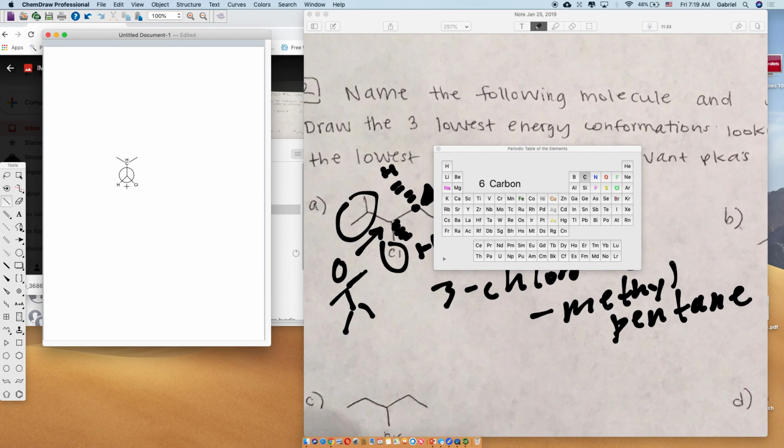So we could draw it like this, but if we rotate it around about 60 degrees or so, we could get it to point down. So really it doesn't matter so much when you're first projecting it out. So we could draw this down and then pull this up. So that way the chlorine's facing down, and then the hydrogen, we know it has to come up. And then the isobutyl group, or that group on the end, has to come out like this. So both of them are equivalent, not in terms of energy, but in terms of them being on the same carbons. They're the same. We're just showing it rotating a tiny little bit. Does that make sense?